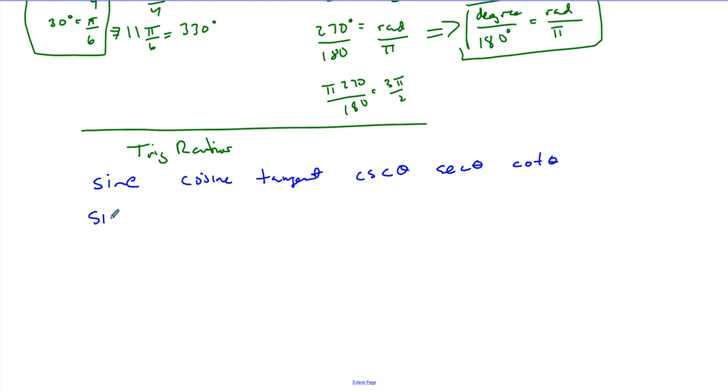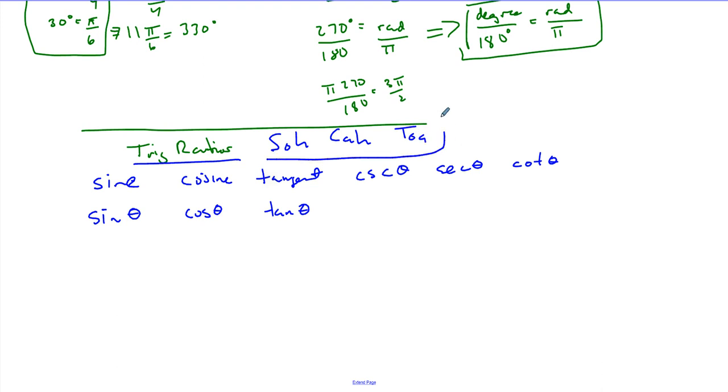This is sine of an angle, this is cosine of an angle, and this is tangent of an angle. The thing is that most of the time what we use for the trig ratios is what you learned in geometry. So what we know is this little phrase, SOHCAHTOA.